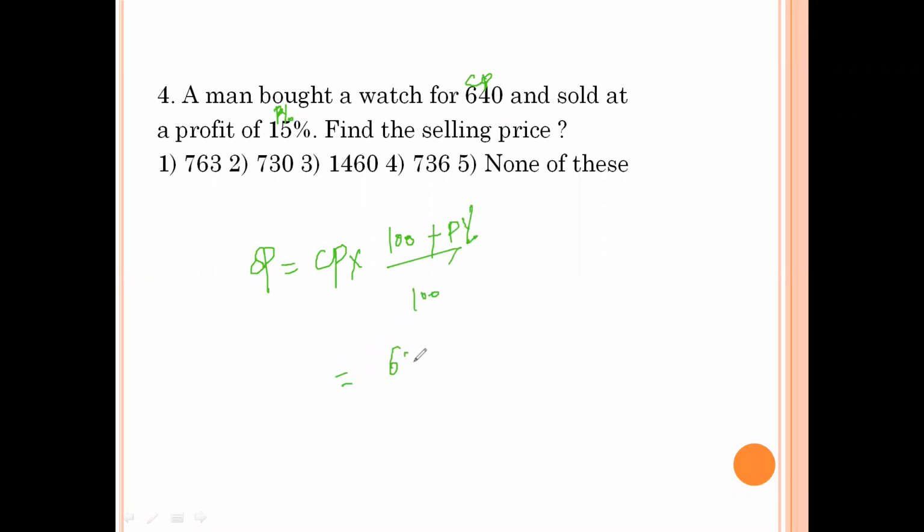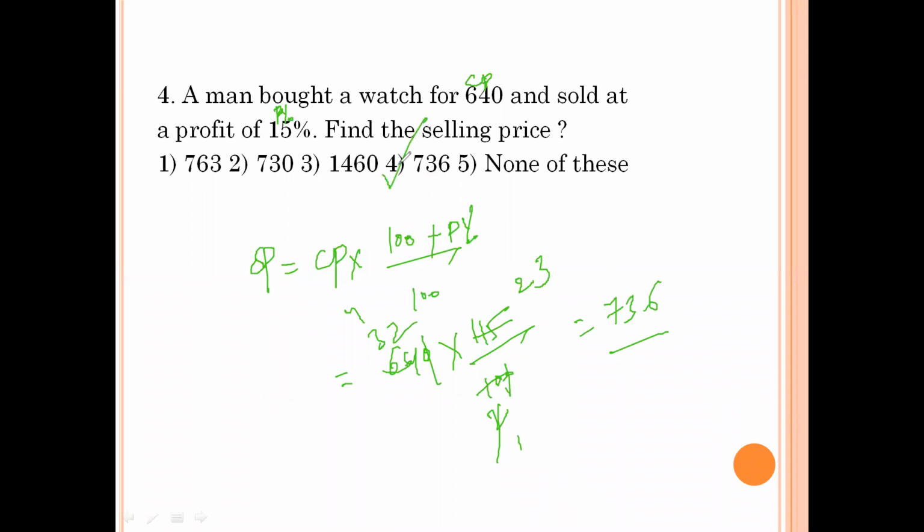So 640 into 115 by 100. The zeros get cancelled, and multiplying we get 736. So the selling price of this watch is 736. Option number 4 is the right answer.